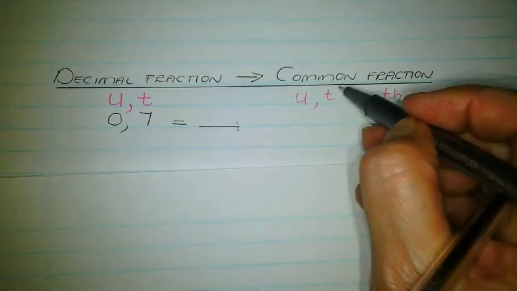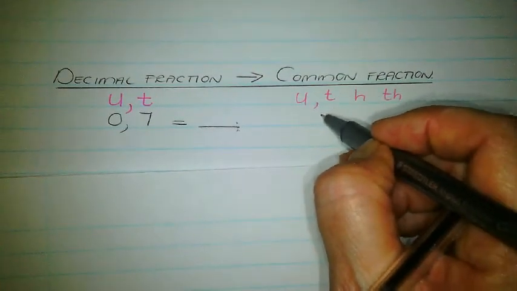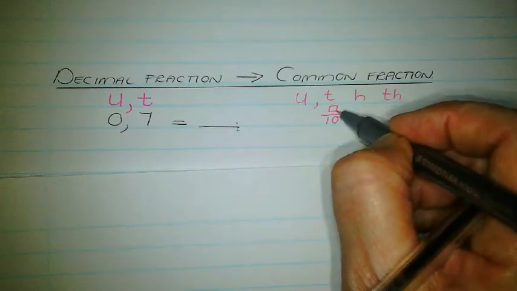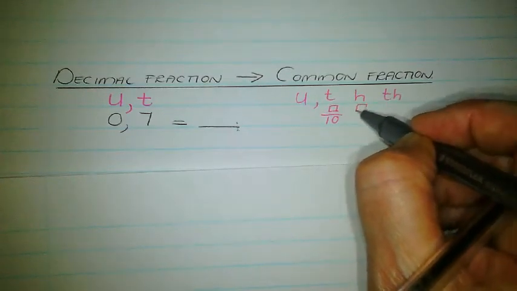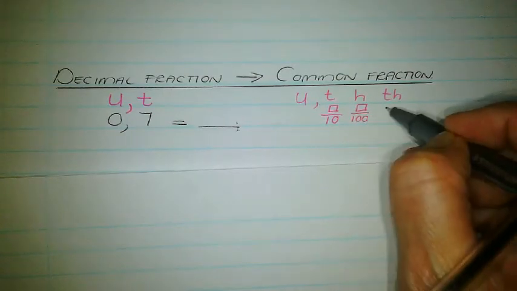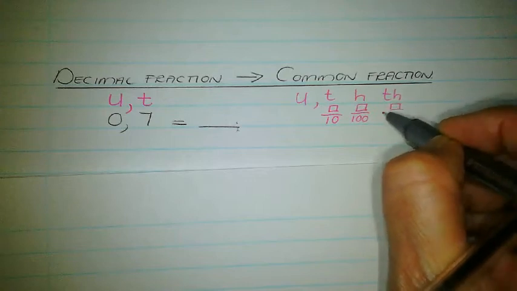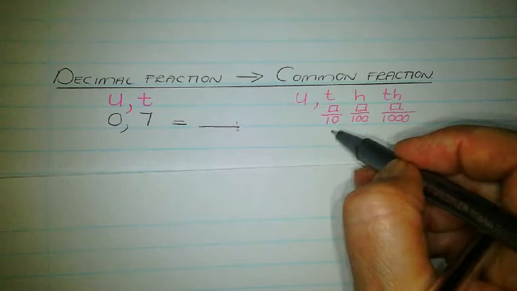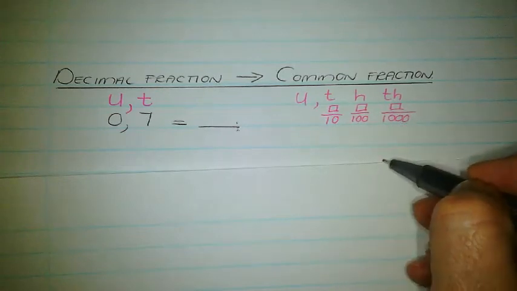And the way you're going to write the tenth, your denominator is going to be a 10. Then usually you add a place there as a numerator, and then your hundredth will be a denominator of 100, and then also your thousandth will be a denominator of 1,000. So it can only be one of these options.